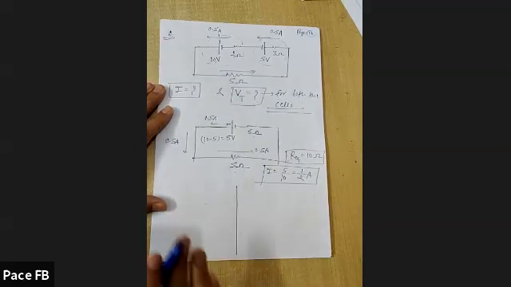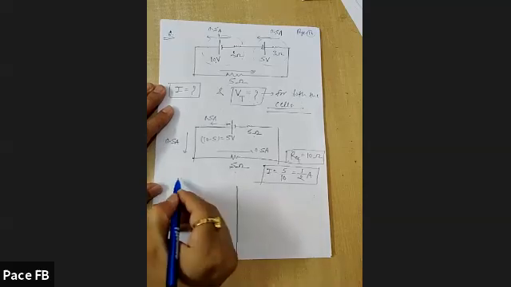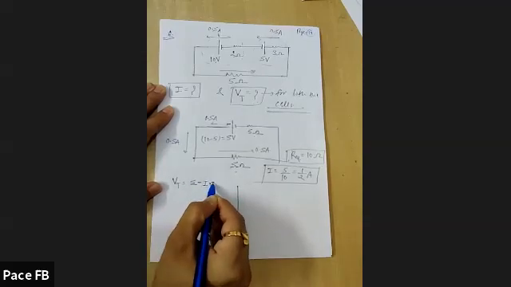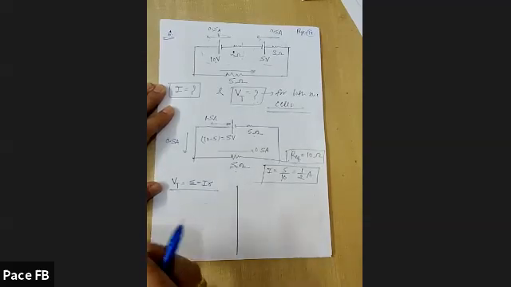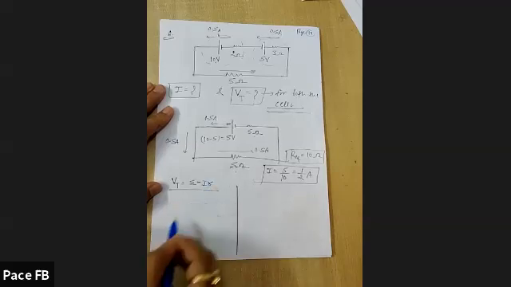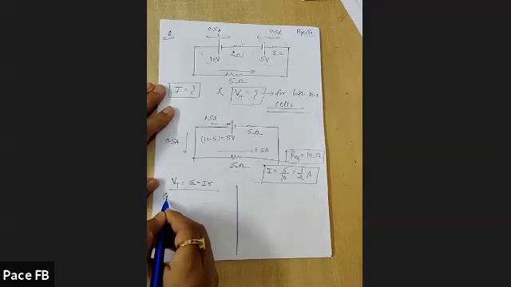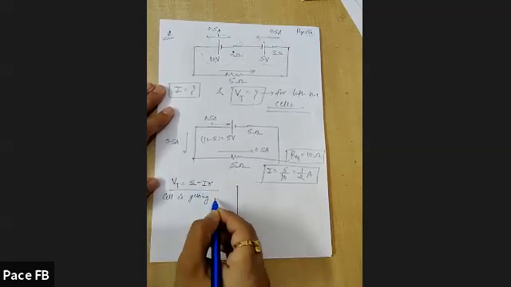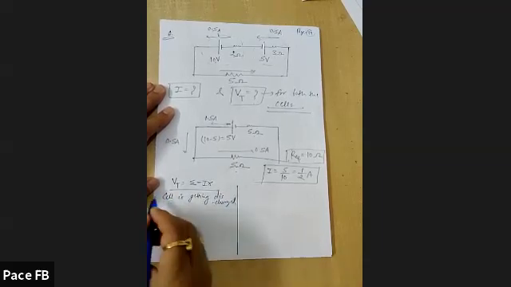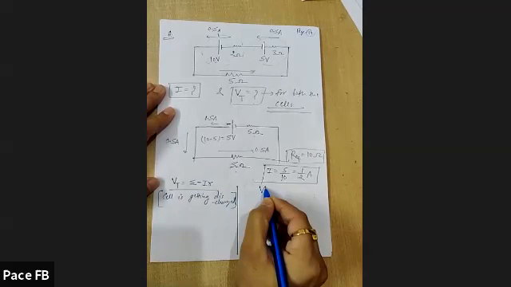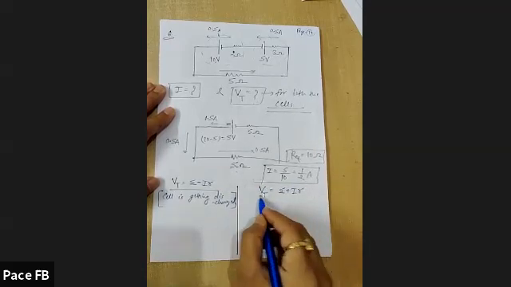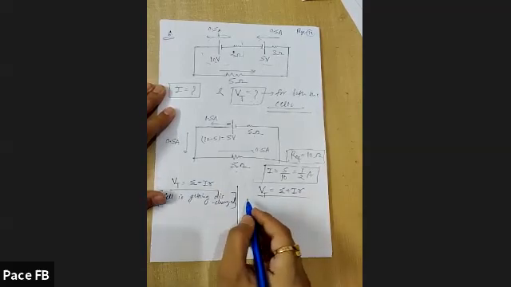Terminal voltage is E minus IR when a particular cell is getting discharged, and it would be E plus IR when the cell is getting charged.